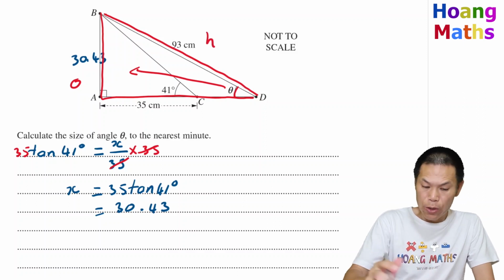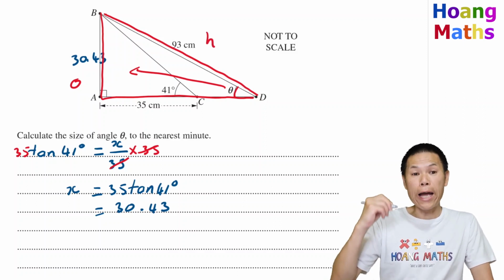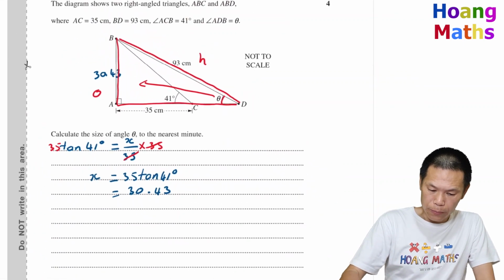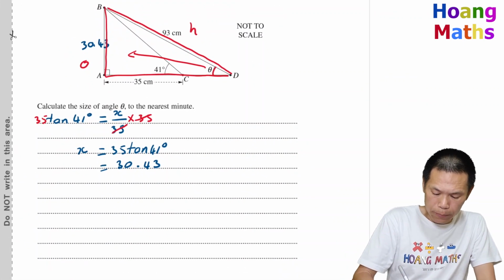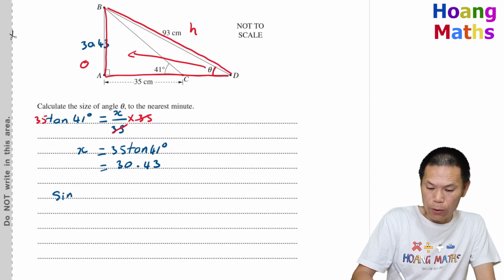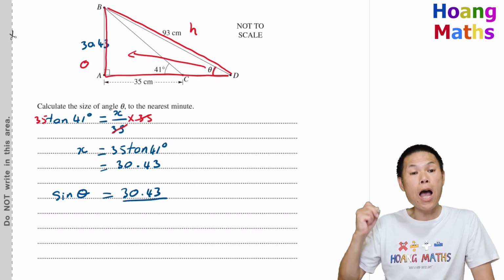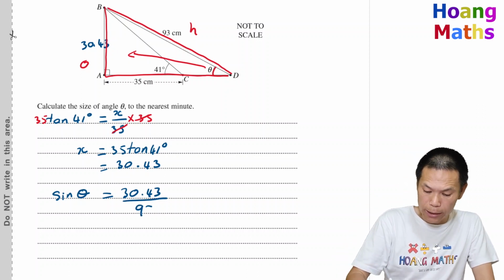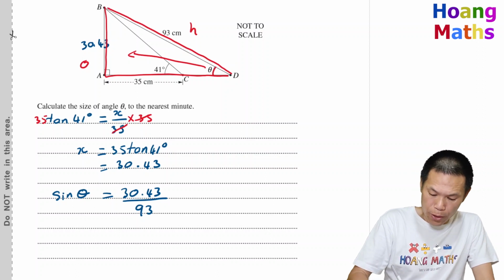So keep that in mind. That means SOH, so it's sine. So sine of angle theta is 30.43 over, opposite over hypotenuse, so that is 93.